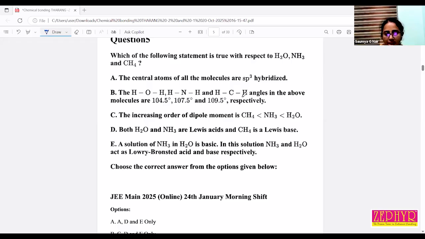B. The HOH, HNH and HCH angles in the above molecules are 104.5, 107.5, 109.5 respectively. C. The increasing order of dipole moment is CH4 less than NH3 less than water. D. Both water and ammonia are Lewis acids and CH4 is a Lewis base. E. A solution of ammonia and water is basic. In this solution, ammonia and water act as Lowry-Bronsted acid and base respectively.